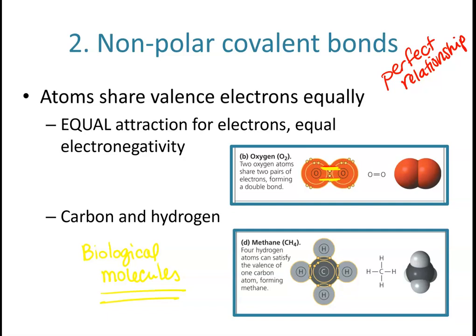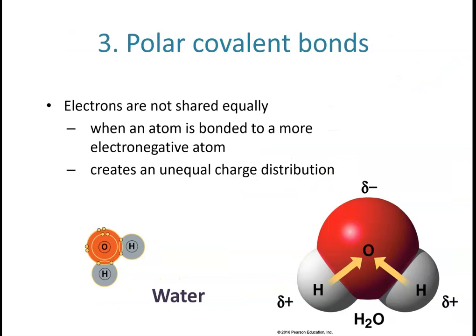Now you're probably thinking, oh, these electrons are shared equally. What happens when they're not? Well, when they're not shared equally, I like to think about this as like a bad relationship, where one person is always giving and one person is always taking.